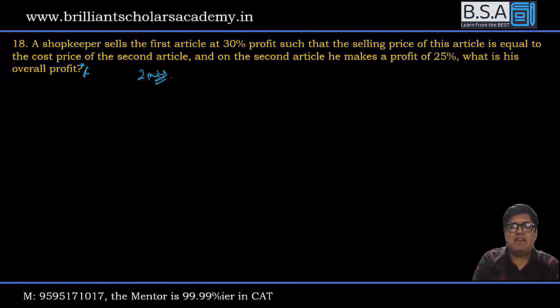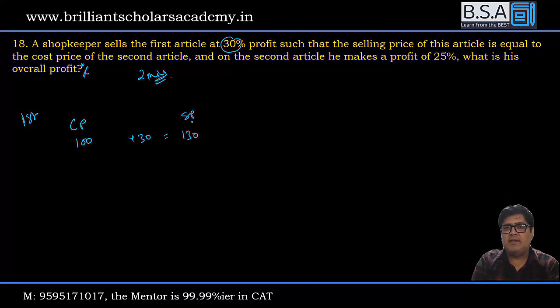If I start with the first article, if I say cost price is rupees 100, what is the profit? 30%. So add 30. So now 130 is the selling price of the article. It says selling price of the first article is equal to cost price of the second one. इसका cost price 130. खत्म आपका question.